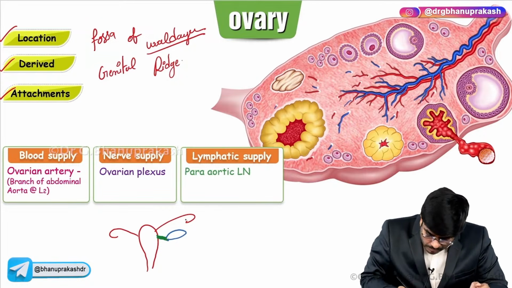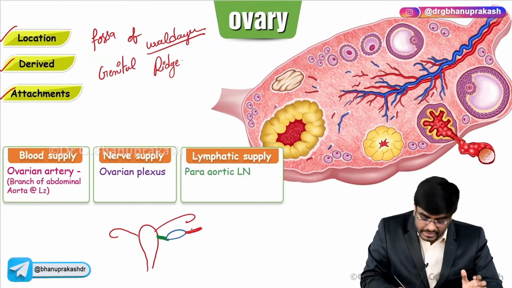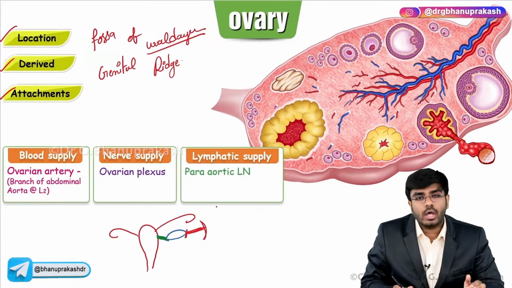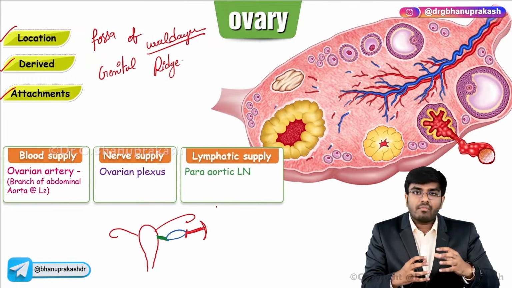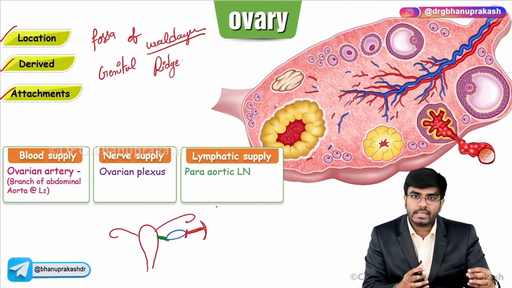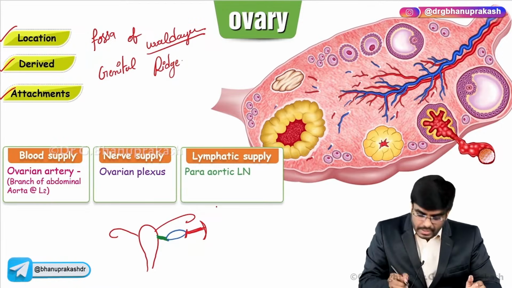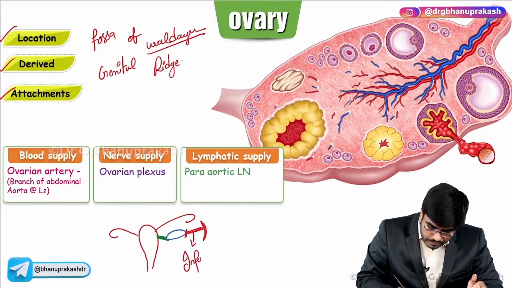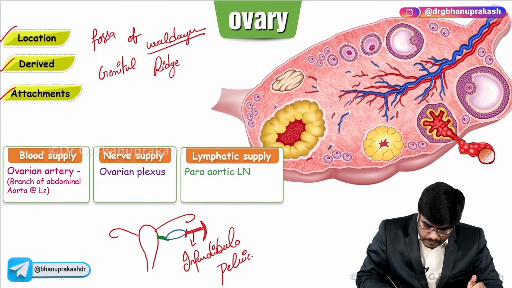And this structure which I am showing in red color, on one side it is attaching the ovary, on the other side it is attaching to the lateral pelvic wall, with the help of the infundibulopelvic ligament.